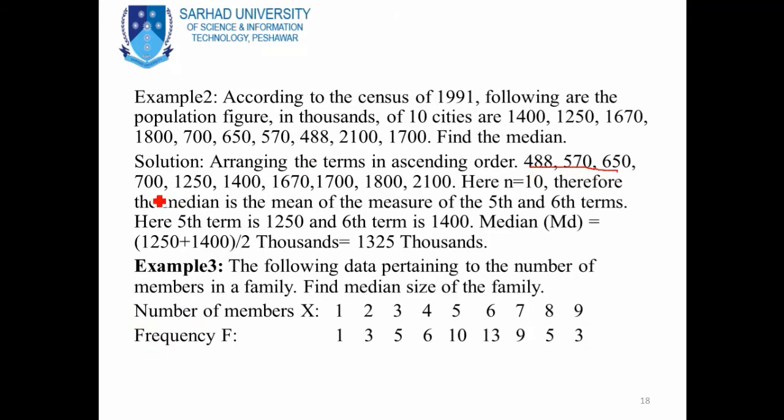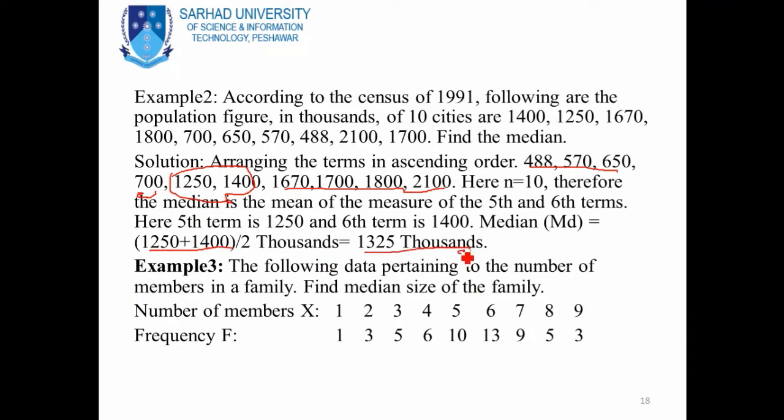These four terms will be on one side, and these four terms will be on the other side. And you see there are two terms at the center point. Now, adding these two terms and dividing by 2, you will easily obtain the median for the data.